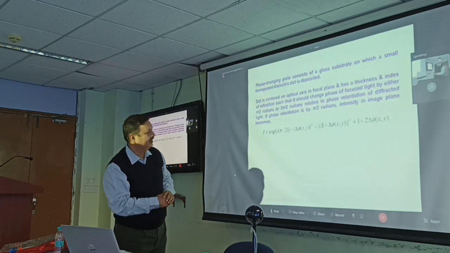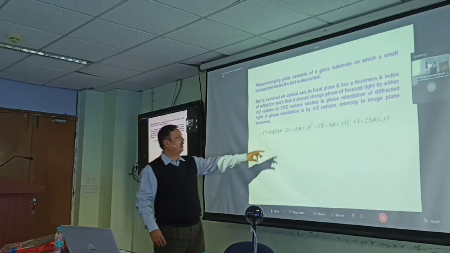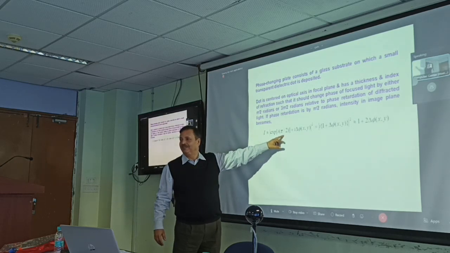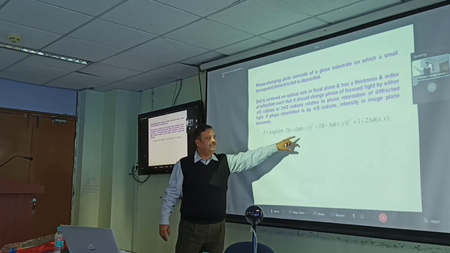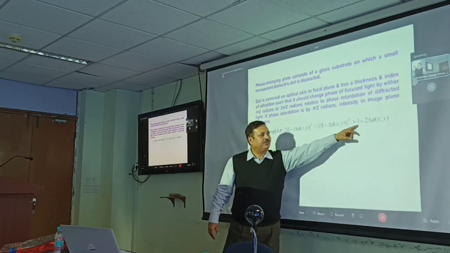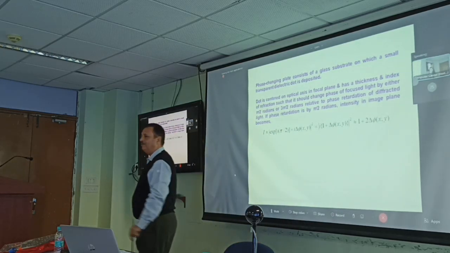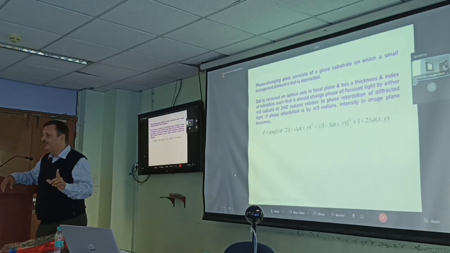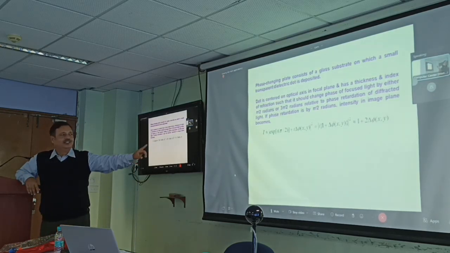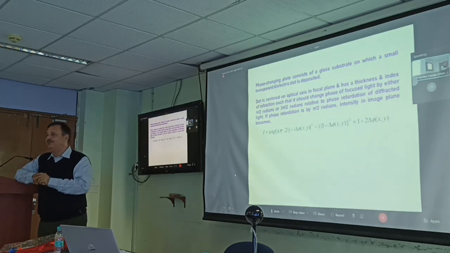The way to address it is, if I introduce this pi by 2 phase plate here, then this term adds to this one. So what you get out of here becomes 1 plus twice delta phi(x,y). The i term is not there. It means you are able to measure the phase function here.